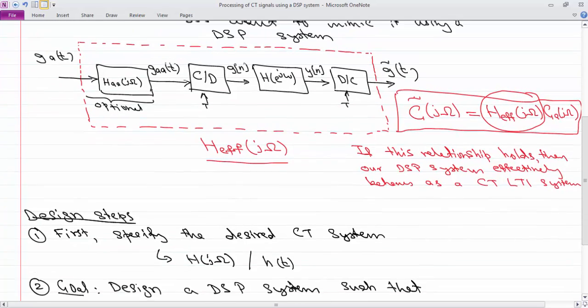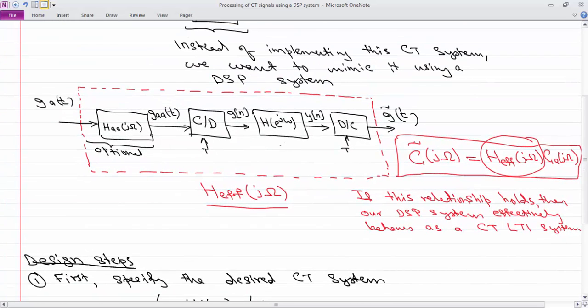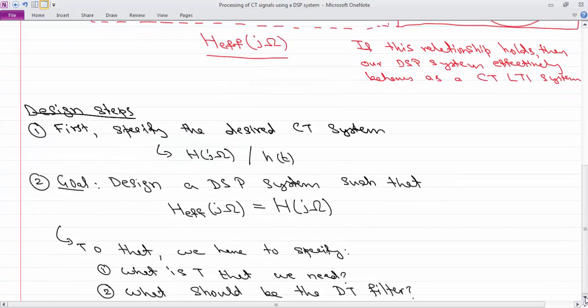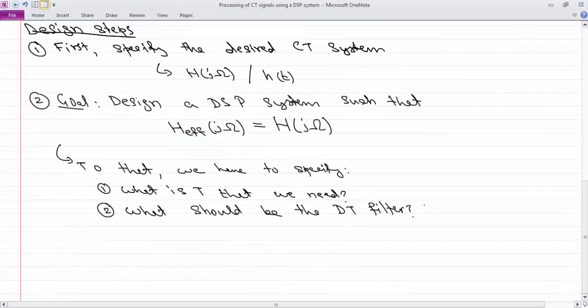So in this block diagram, this thing, how do you specify that? And that you can specify again either through its frequency domain expression, the frequency response, or its impulse response.